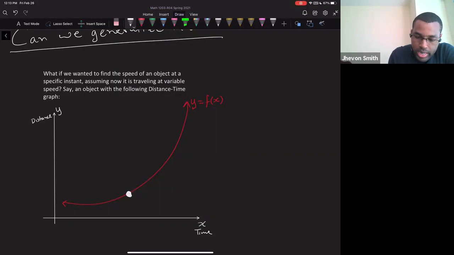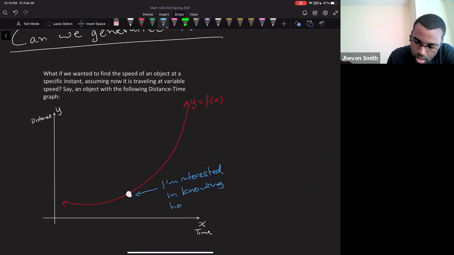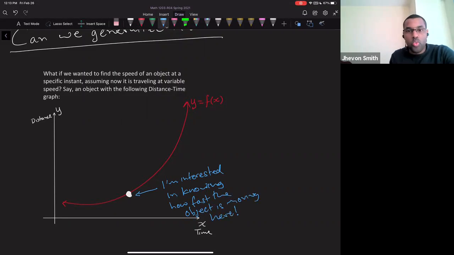Let's say there was a point here. I'm interested in knowing how fast the object is moving here. Right now, at this instant, how fast is it moving?